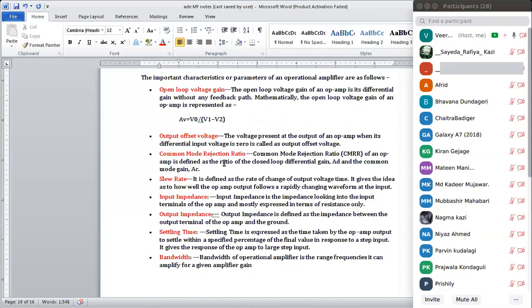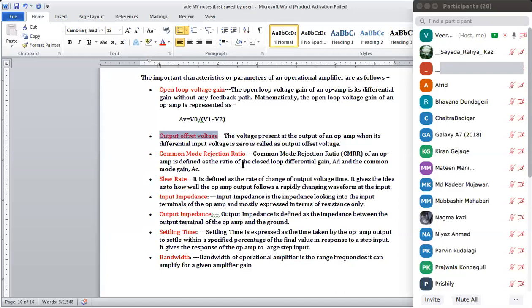Likewise, we have the output offset voltage. It is the voltage which is present at the output when the differential input voltage is 0. See, there are three stages: at the input side, in the middle level, and at the output stage.